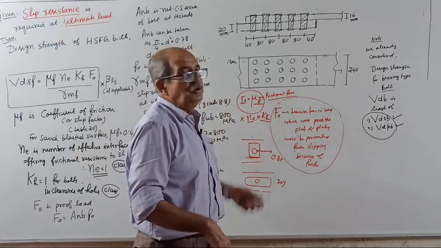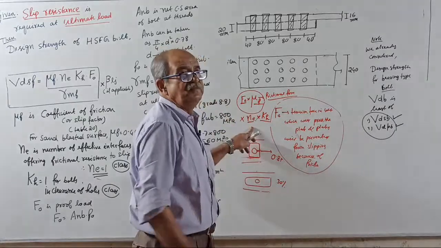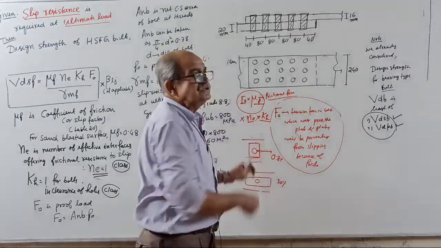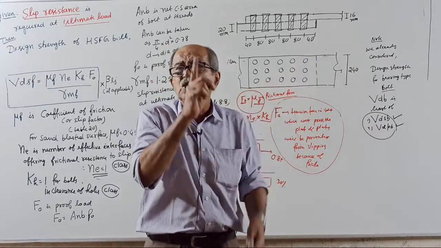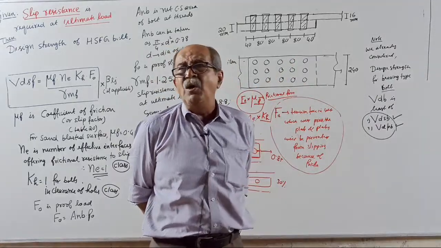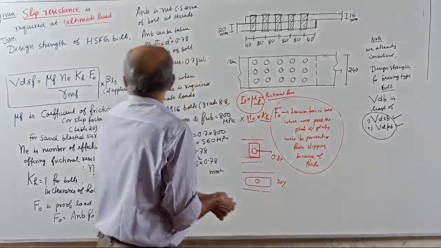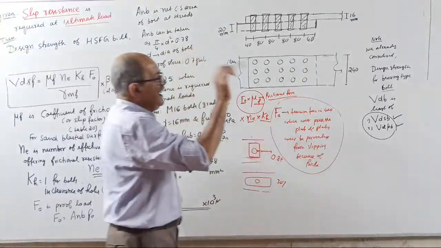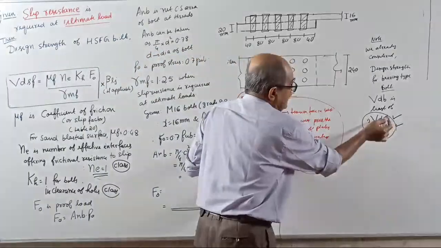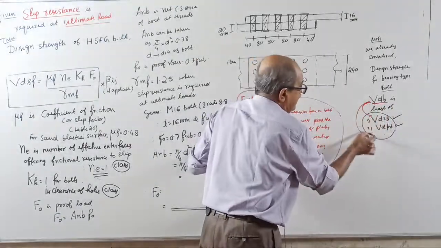Now, a bolt should not get a force more than that value. This is the maximum force that can be developed by friction due to one bolt. If any bolt gets more force, it will slip then. So see here, VDSF, symbol is C. For bearing type bolt, it is VDSB, VDPB, the least of them.